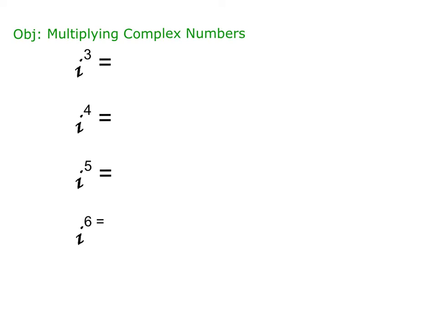Okay. So we know that i squared equals negative 1. What do you think i to the third equals? This is a little tricky. So i to the third, let's break this apart. That's i times i times i, right? If I group these two together, that's i squared times i.